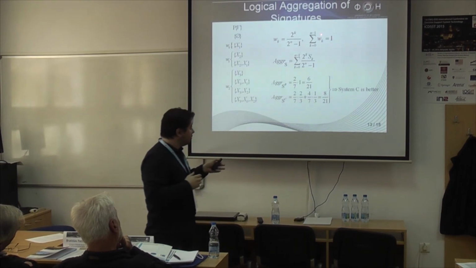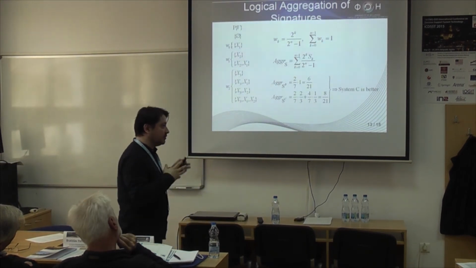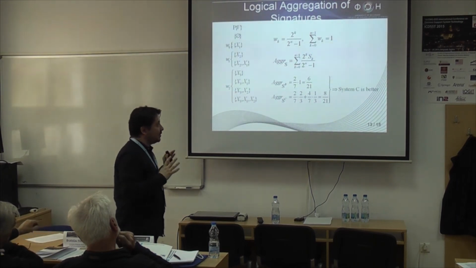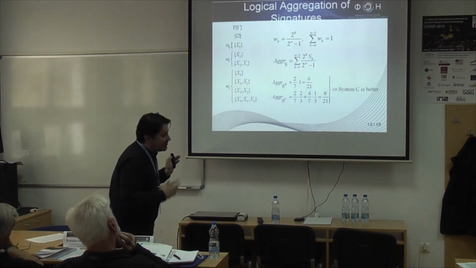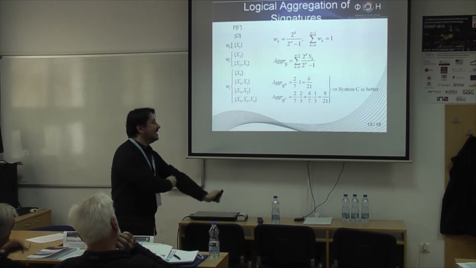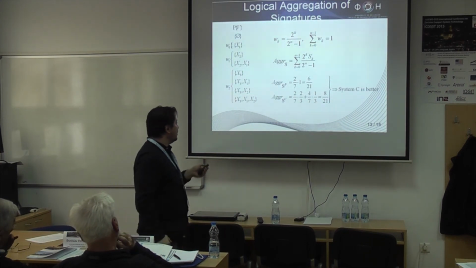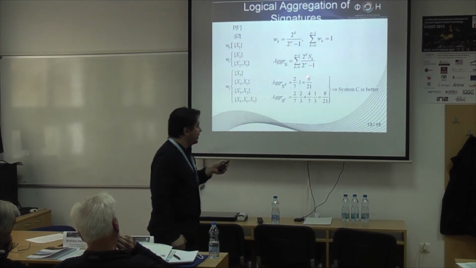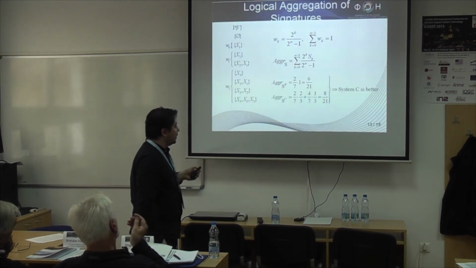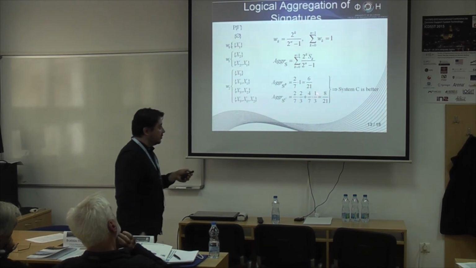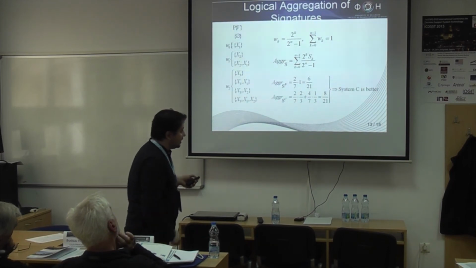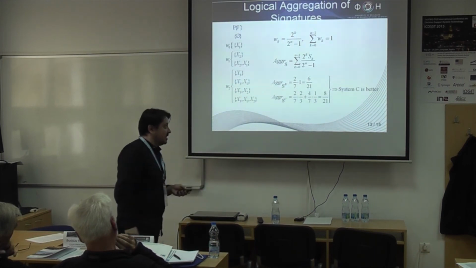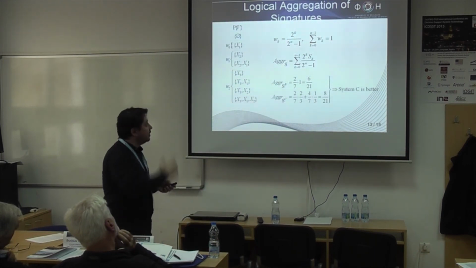Our advantage is that our sum of weighted coefficients is equal to 1. Jaeger's sum is not equal to 1, which is a bit strange, but he proved it. So if we apply this logical aggregation to our signature vectors, these are the values that we get, and basically this means that the third system in our example is the better system.